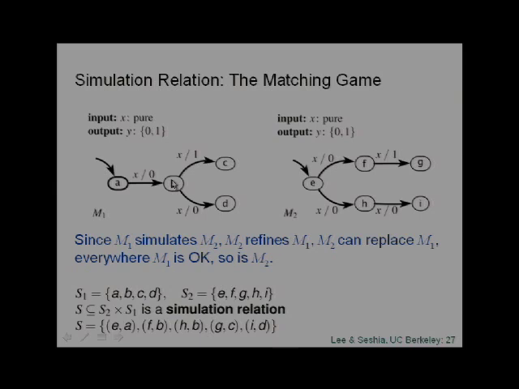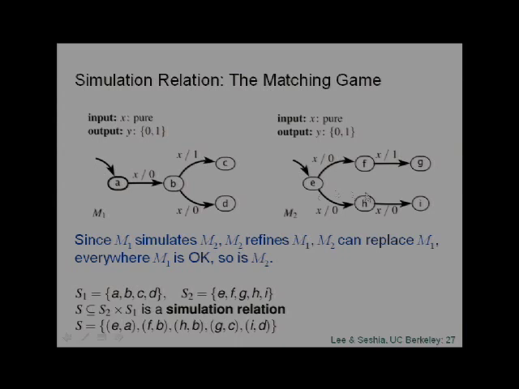Okay, and so in this situation for B, there's two possible transitions you can make. You can go from B to C and B to D, and you have X/1 and X/0. Those are the two labels.